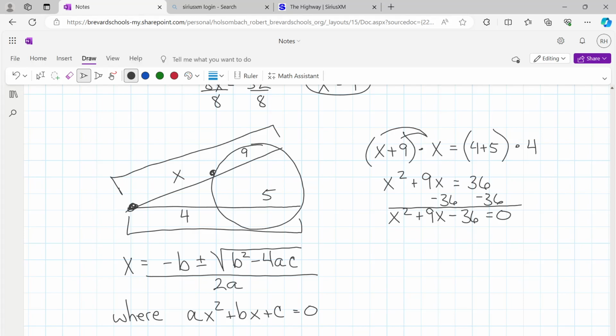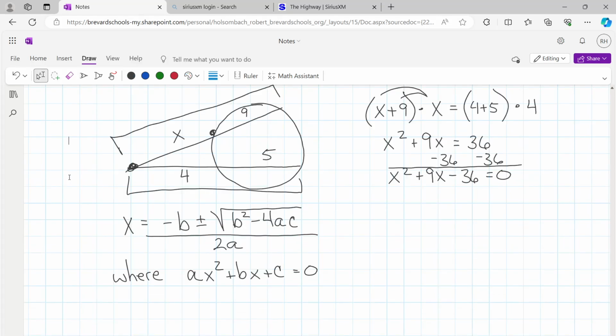So when you're doing this quadratic formula, and that's because we have a trinomial, we've got an x squared and an x in the same equation. The first thing you want to do is label your a, b, and your c. All right? Your a is whatever's in front of the x squared. Your b is whatever's in front of the x. And your c is the constant, whatever's sitting between the equal sign and the x without the x after it.